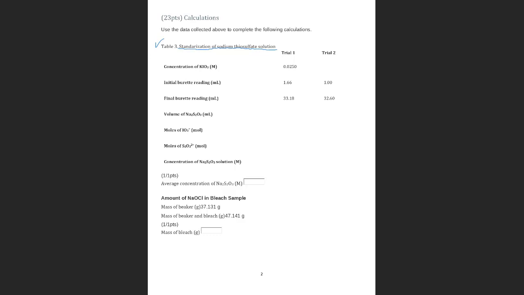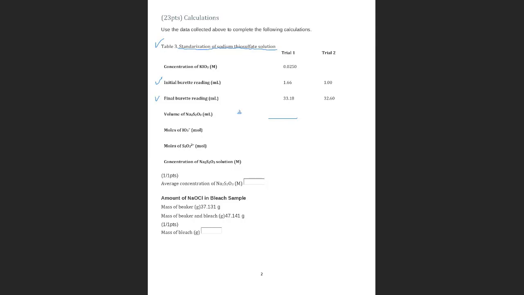The first question here, volume of thiosulfate. You will have different data, but obviously it says final burette reading and initial burette reading. How are you going to know the volume that you used? Obviously it is final minus initial.